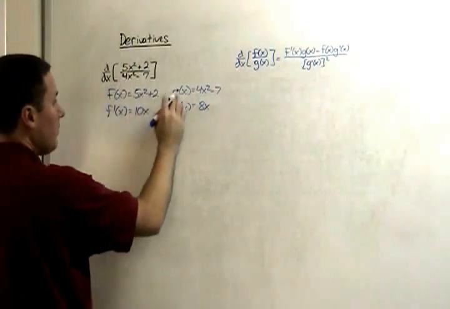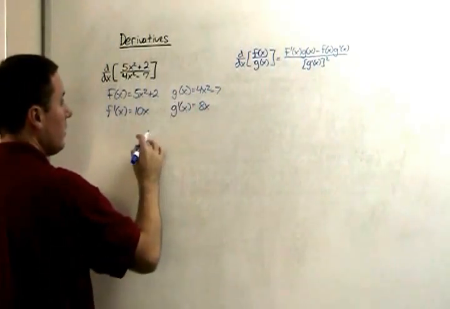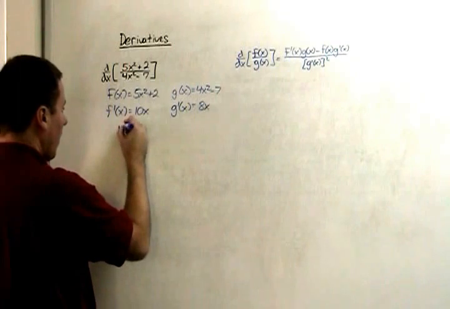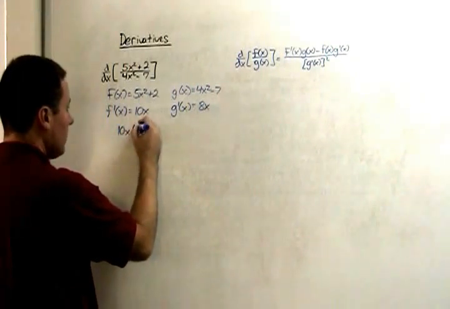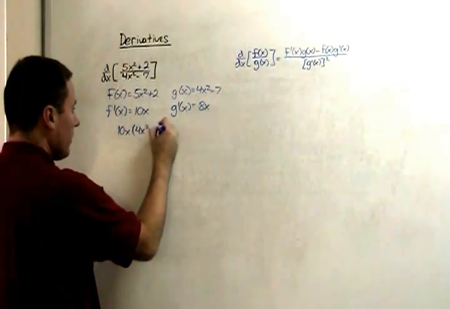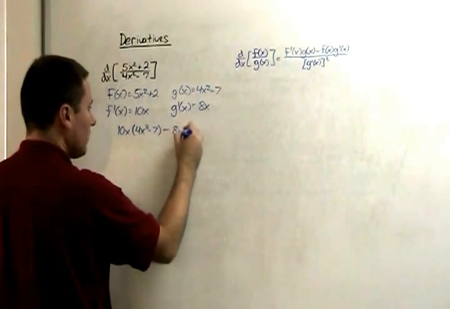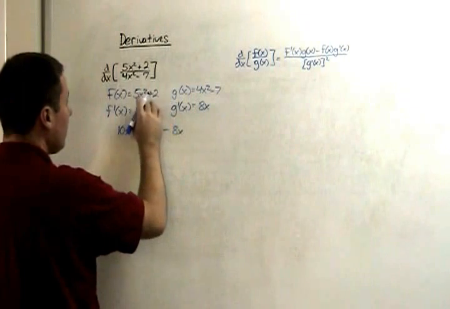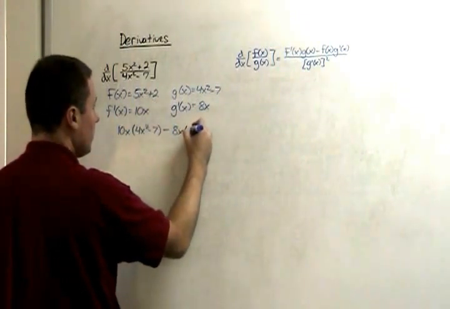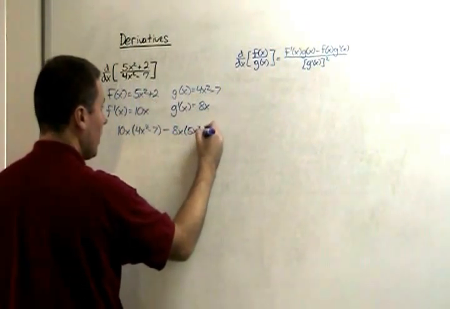So it's f prime times g of x, so that's going to be 10x times 4x squared minus 7, minus 8x, that's g prime of x, times f of x, which is 5x squared plus 2.